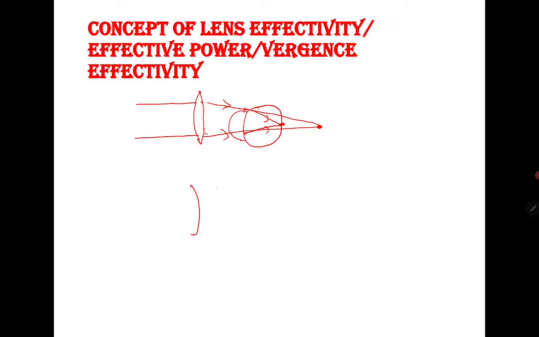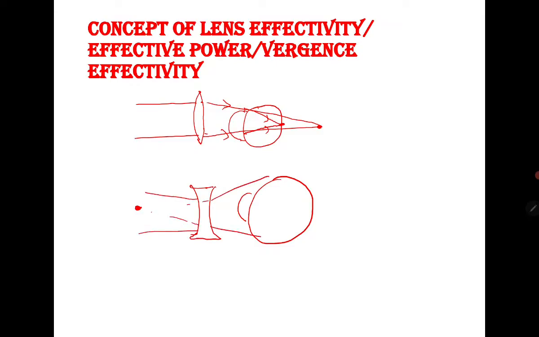This is the same for a minus lens. Suppose this is our eye. In case of a minus lens, we know that the far point is real, not behind the eye but in front of the eye, suppose here. So if parallel light comes and goes, it should coincide with the secondary focal point.